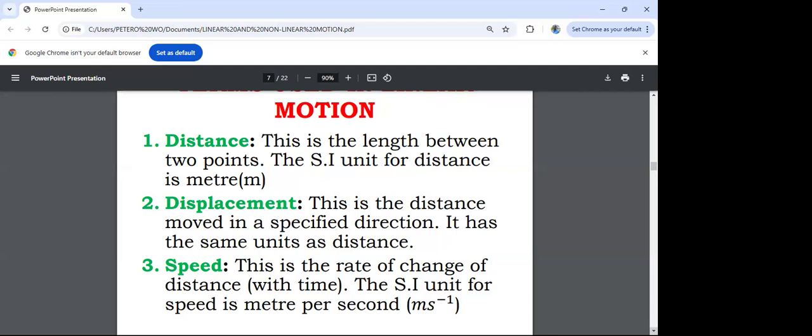Okay, so I'm going to read speed. Speed is the rate of change of distance. The SI unit, so you go on.